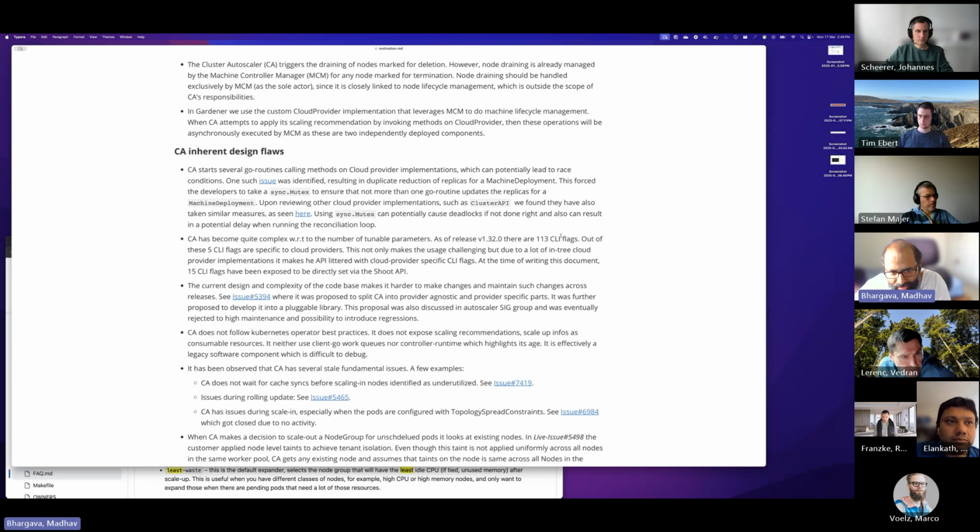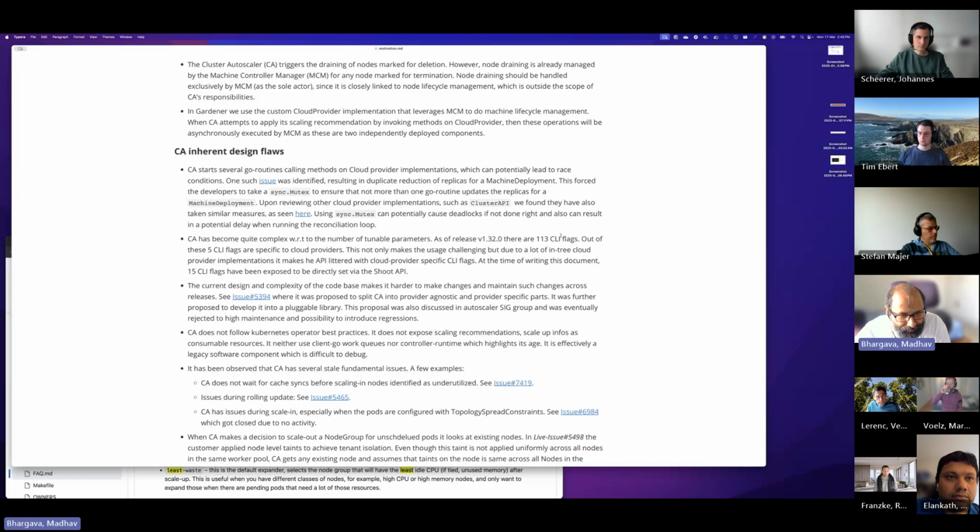Every loop of reconciliation has a 10-second default gap between the two. It's possible that MCM has not yet taken an action, and CA now makes a duplicate call. There are multiple goroutines in the code which call the same method from different places and different code paths, and not just one method but multiple, like increment nodes and delete a specific node.